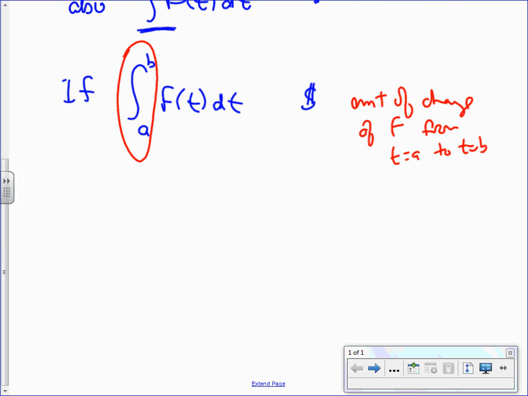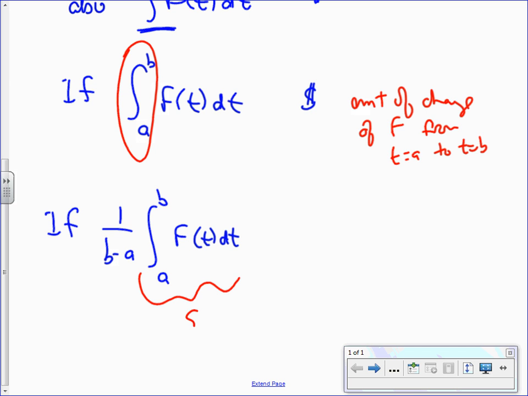And then the next one is, if you're asked to do this, then this part is going to give you dollars. This part is 1 over b minus a, and those are hours.